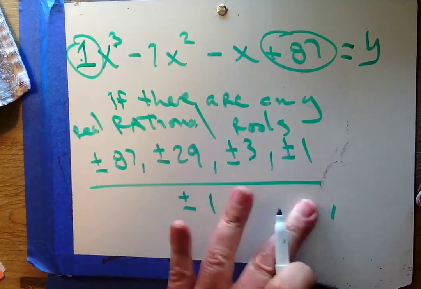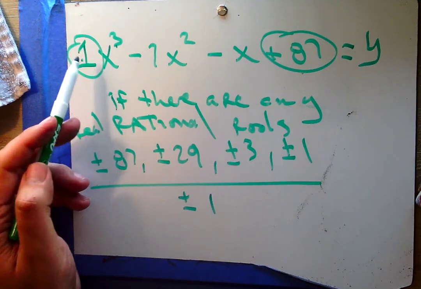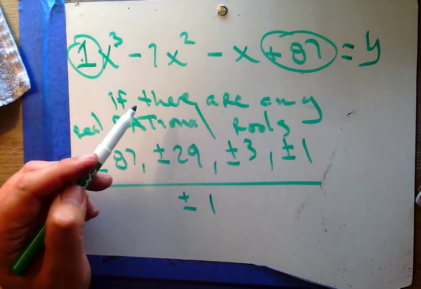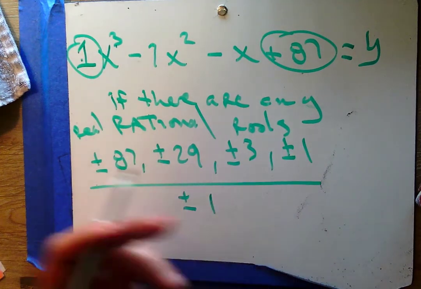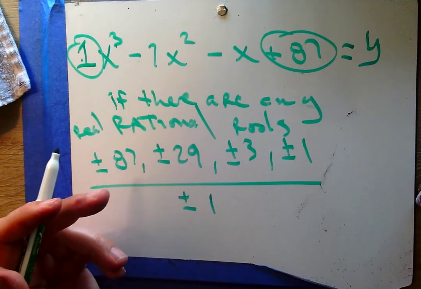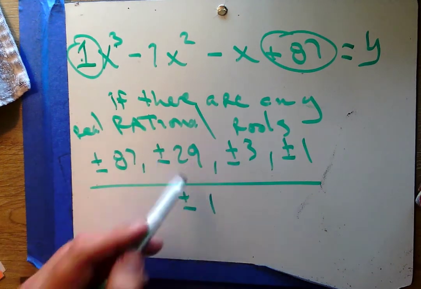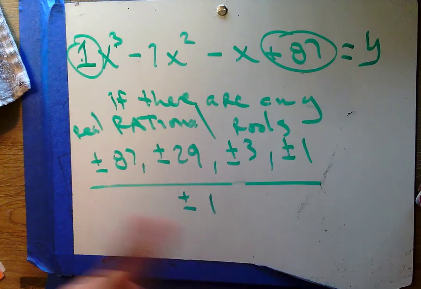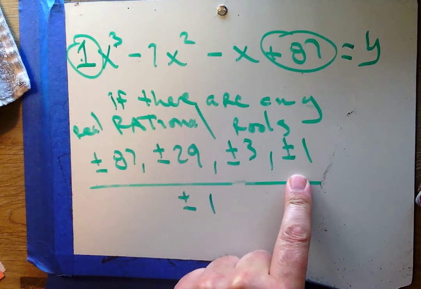So if there are any real ones, and I have to have at least one real one, I could have one real and two imaginary, then it's in this list. I mean, this was terrible stuff to do because we don't know which. We've narrowed it down from an infinity of numbers to choose from to simply 8 numbers to choose from.